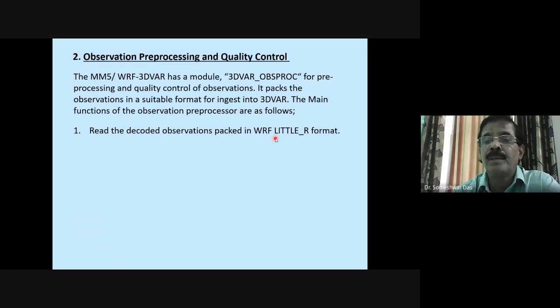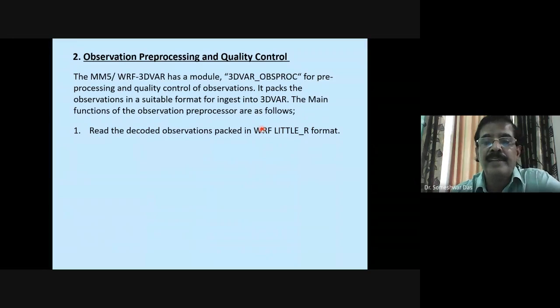Okay, little r format. Now this is a very important part of the observation preprocessor, which all of you will have to learn. Because as I said, when you are trying to utilize your own observation in the model, then you must pack your observation into this format called little r format, which WRF can read, right?